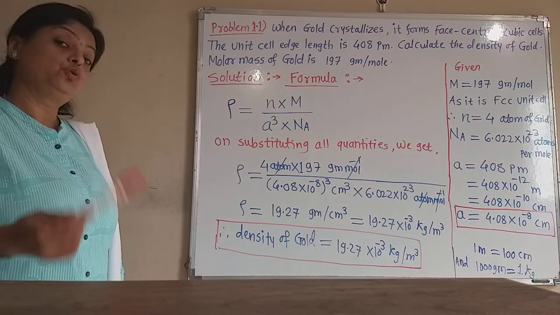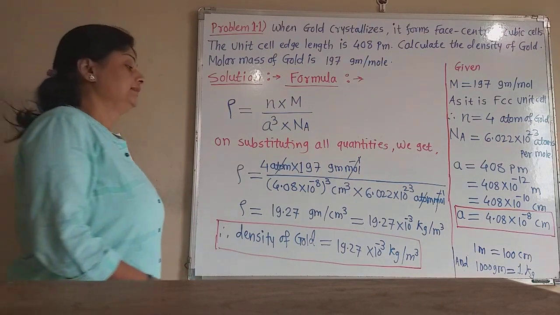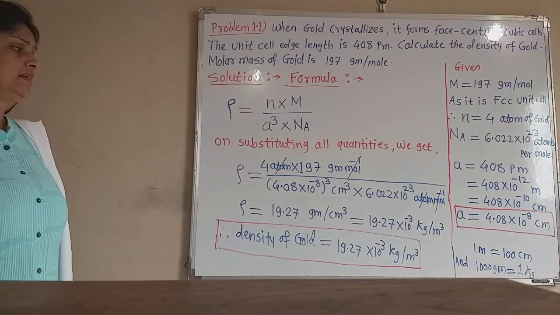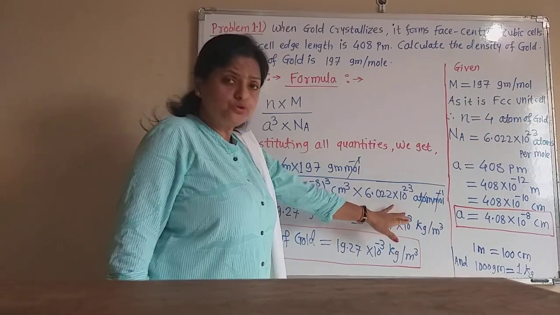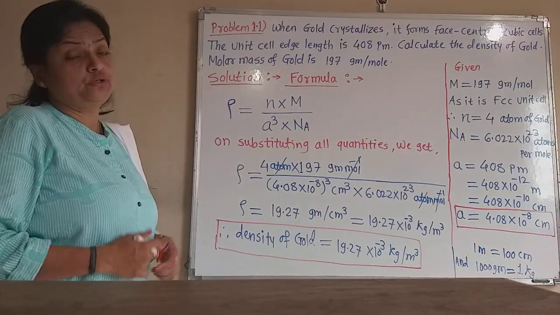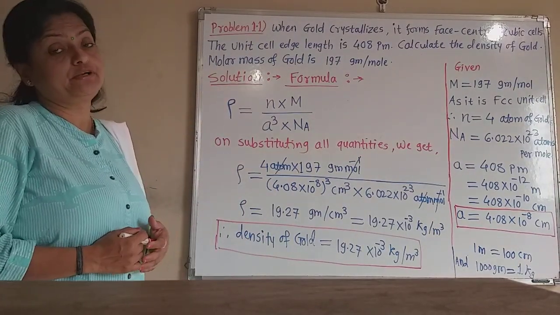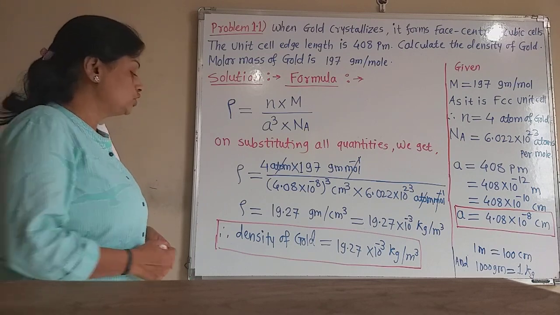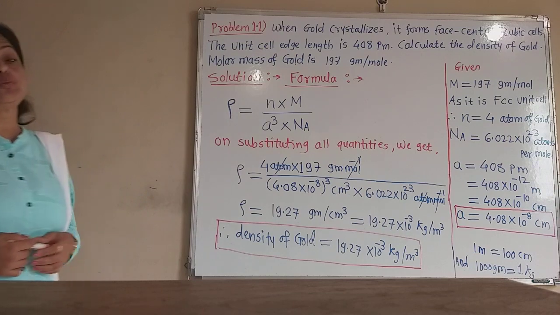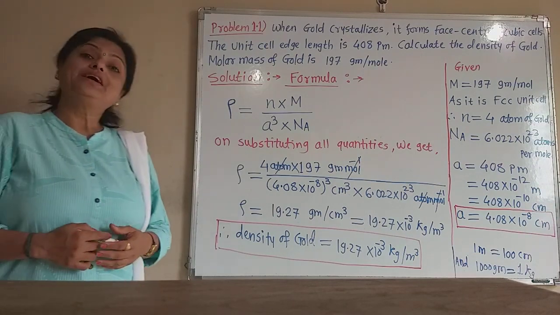That means we have to divide by 1000, that is 10 raised to minus 3 kilogram. In the text there is only 10 raised to 3, but that is a printing mistake. So 19.27 into 10 raised to minus 3 kilogram per meter cube is the correct answer. So the density of gold is equal to 19.27 into 10 raised to minus 3 kilogram per meter cube.